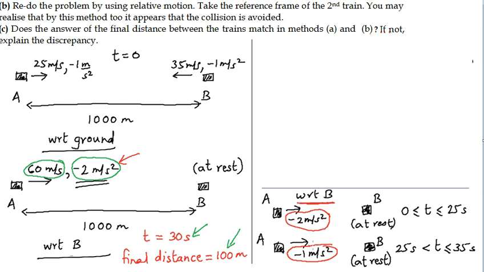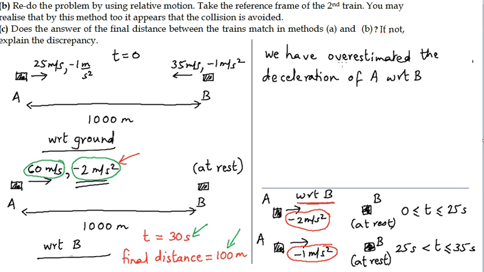It also means that A's deceleration with respect to B is not 2 meters per second square throughout the process, but rather it is 2 meters per second square for the first 25 seconds, and thereafter it is 1 meter per second square. It means that we have overestimated the deceleration of A with respect to B in this earlier method.